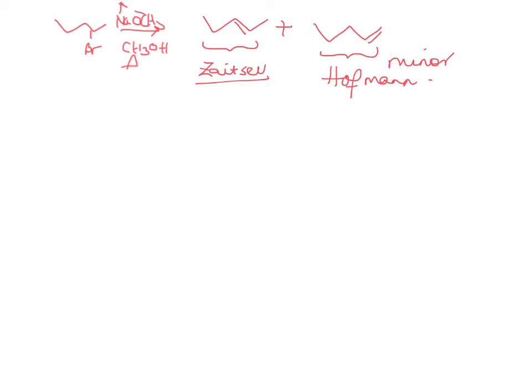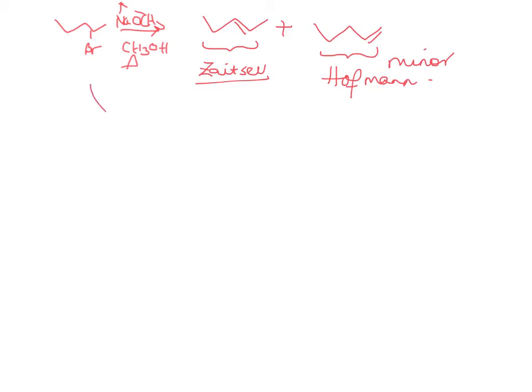On the other hand, if you change your reaction conditions and change from methoxide to t-butoxide, which is a more bulky group, the effects of this change are very significant in your product, and you're going to see much more of the Hoffman product because of steric reasons.